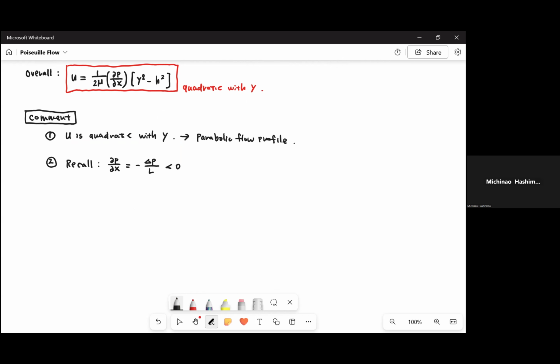So it's going to give you u equals minus delta P over 2 mu L times (y squared minus H squared). So let's try to describe how this profile looks.